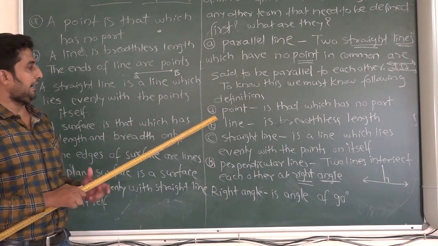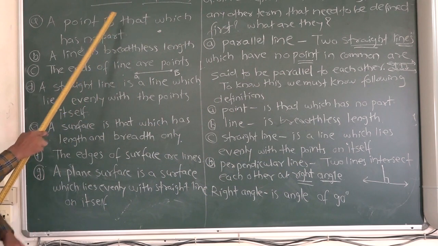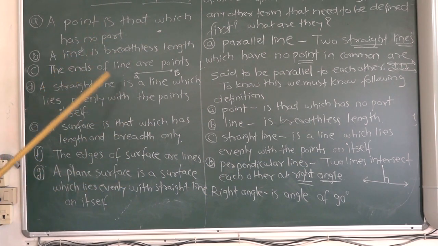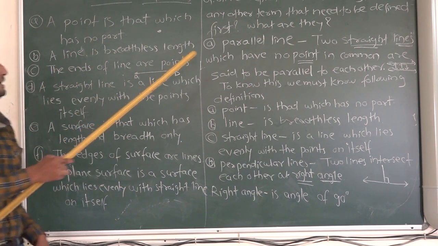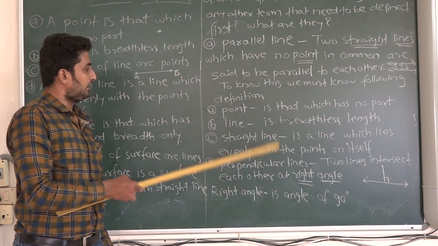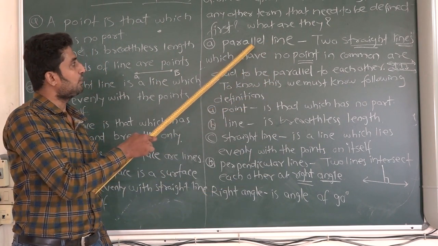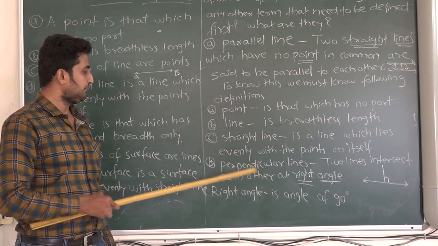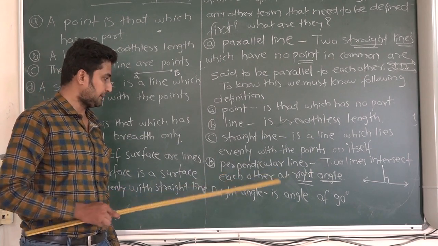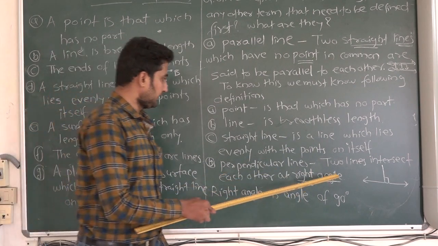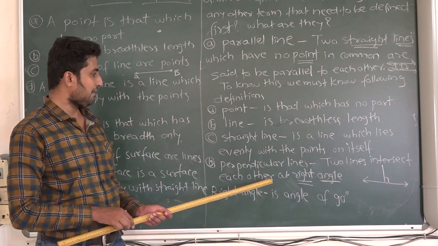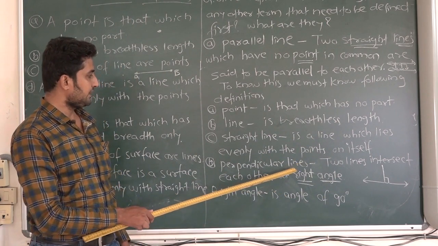That's why I request all of you, please go through these definitions. These definitions will help you in defining the next concepts, that is what is meant by parallel line and what is meant by the perpendicular line. Okay, so here we have the perpendicular line definition.